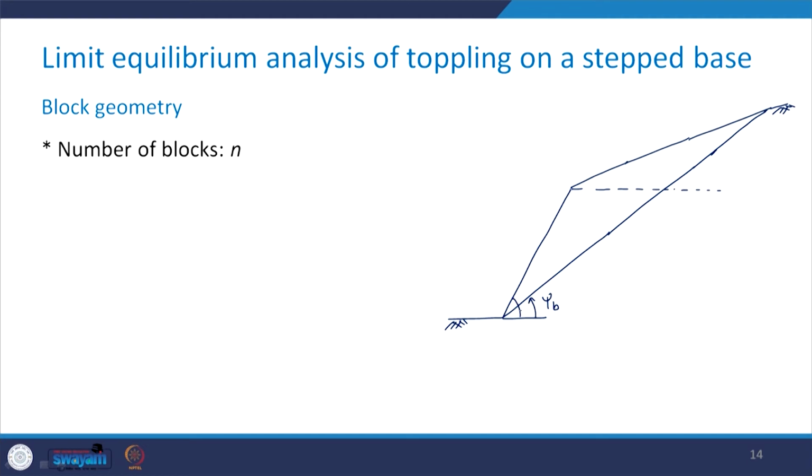This angle here is psi f and this angle at the upper portion is psi s. Now, I mark this point as point A, this as point B, this is C, this point is D here, and so basically it is this line.